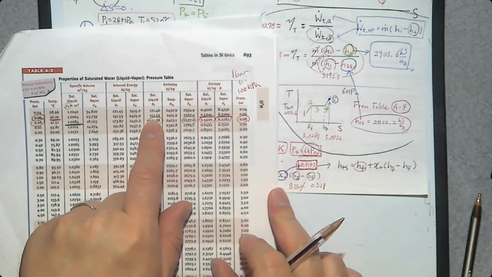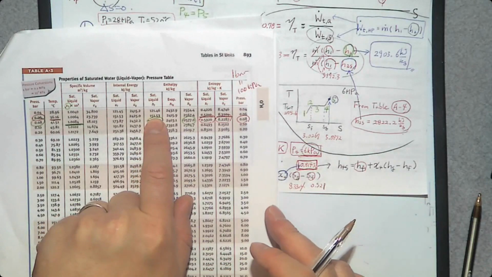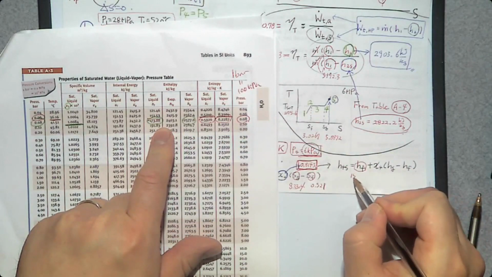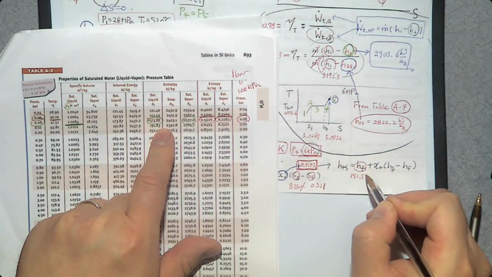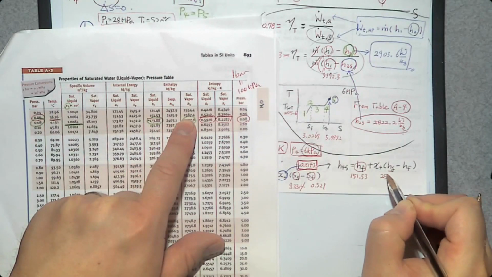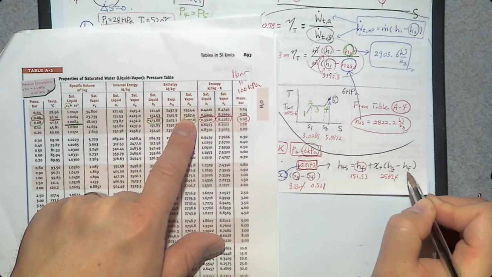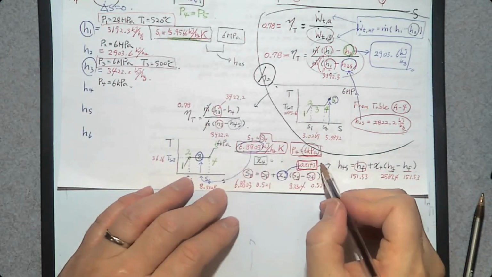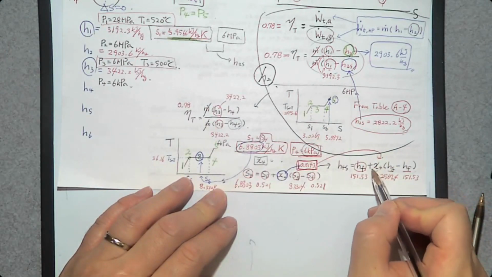At 6 kilopascal, HF is going to be 151.53. Hg is 2567.4. HF is 151.53. And we have the quality X that goes right here.